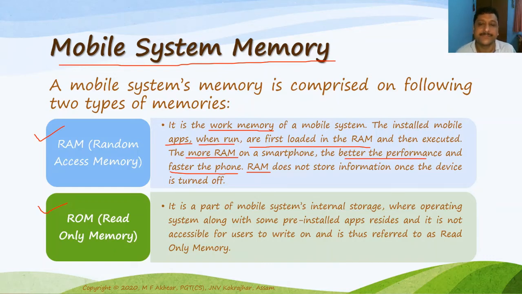Now ROM memory, read-only memory. As the name suggests, it contains some data, and that data can only be read. It is a part of the mobile system's internal storage where the operating system along with some pre-installed apps reside. It is not accessible for the user to write on, and is thus referred to as read-only memory.